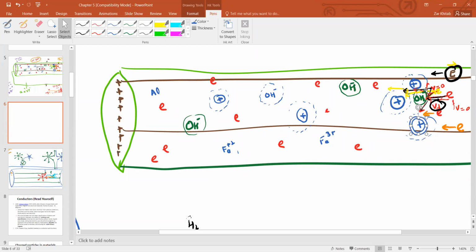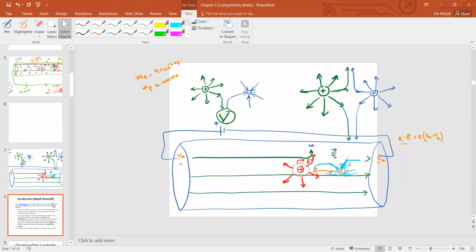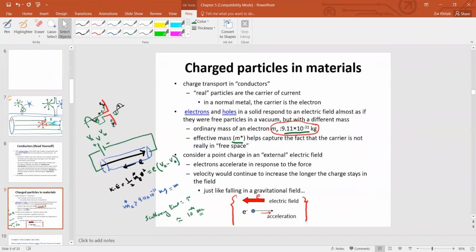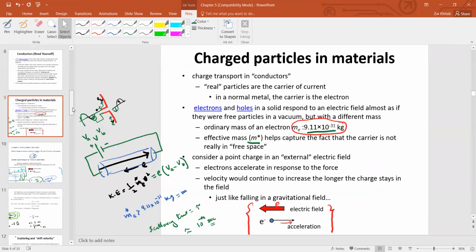Again, it may face another collision. So the time taken by the electron between two successive collisions was called the scattering time. And this scattering time was really helping us in modeling our resistance value. This scattering time is just typical in the copper conductor.